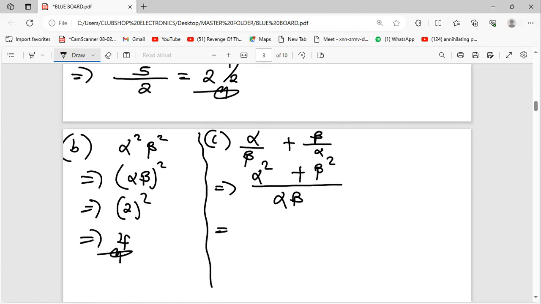All right. Now, we know that alpha squared plus beta squared has already been worked out. Okay.